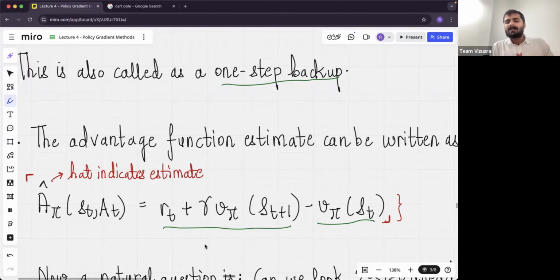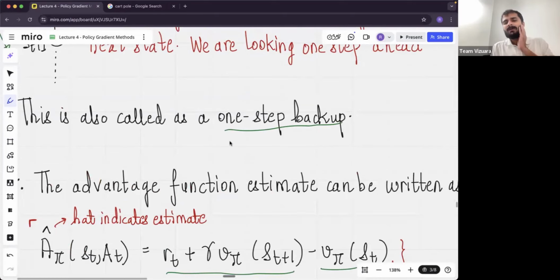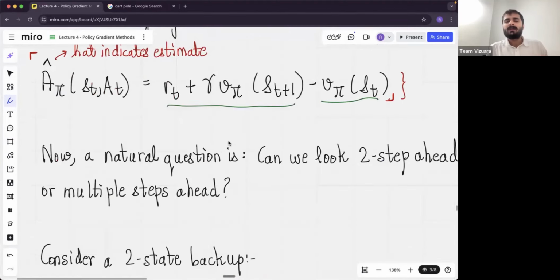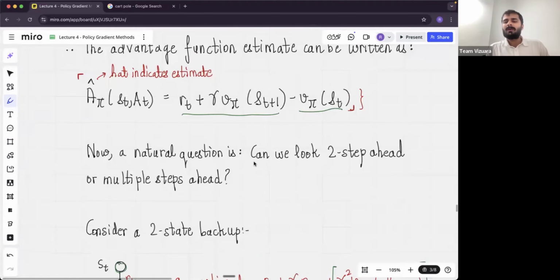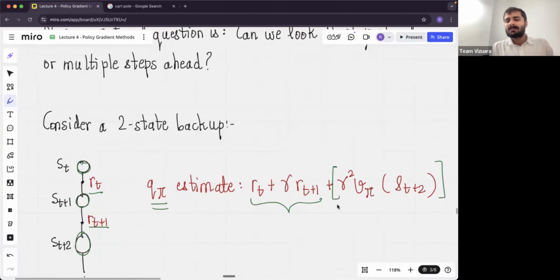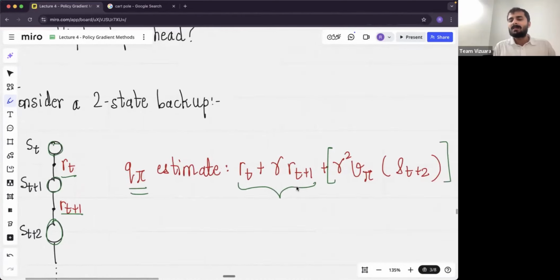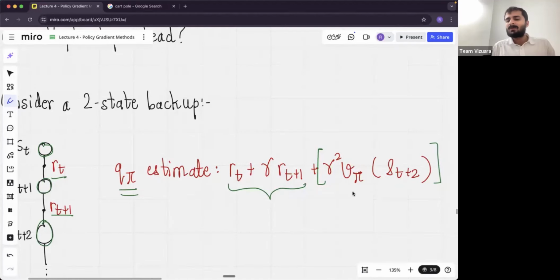But people ask this question: why do you only use a one-step backup? Why not use a two-step backup or a three-step backup or a four-step backup? So the natural question is, can we look, let's say, two steps ahead? If we consider a two-step backup, the Q estimate becomes R_t plus gamma times R_t+1 plus gamma squared times V pi of S_t+2.